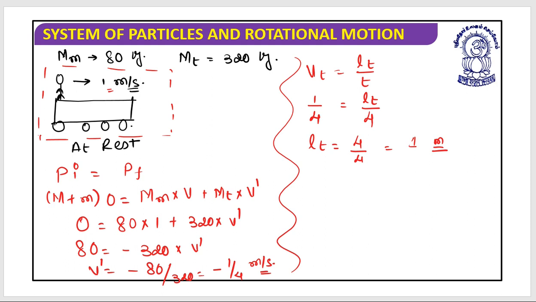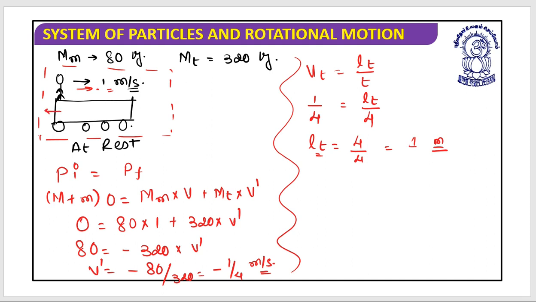Is it clear? Great. Now this is the distance traveled, 1 meter, but the trolley has been shifted in the negative x direction while the person is moving in this direction.